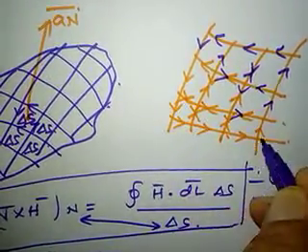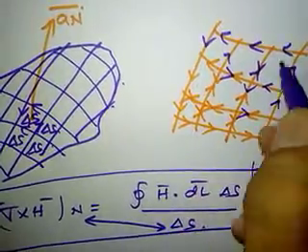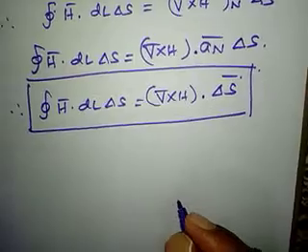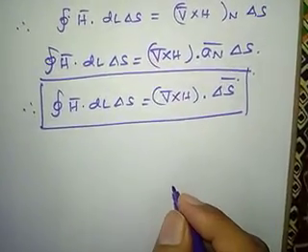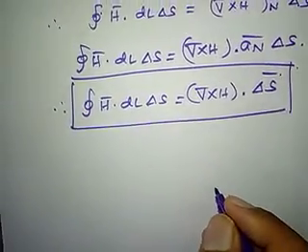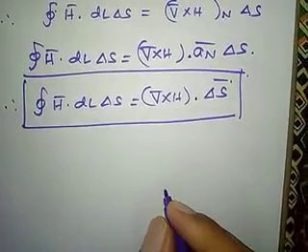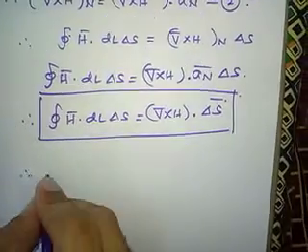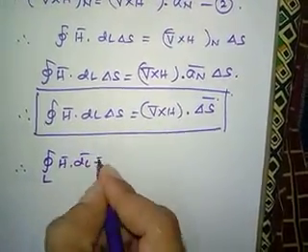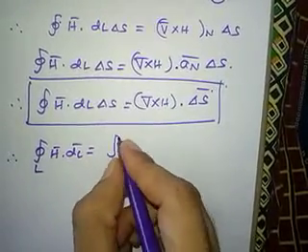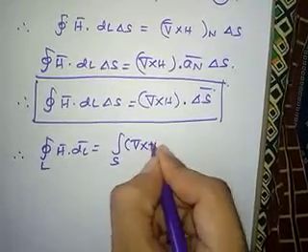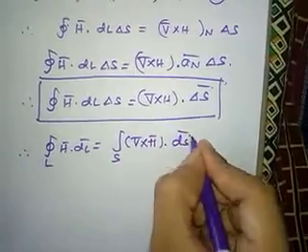Only the path of flux at the outer boundary remains. Hence the summation of all the closed line integrals will be a single line integral, that is the line integral of h bar dot dl bar, equal to the surface integral of del cross h bar dot ds bar.